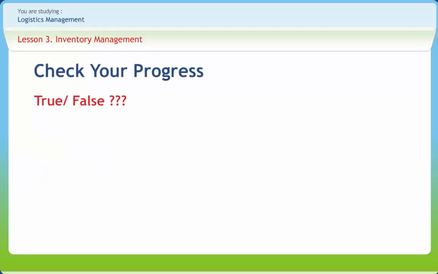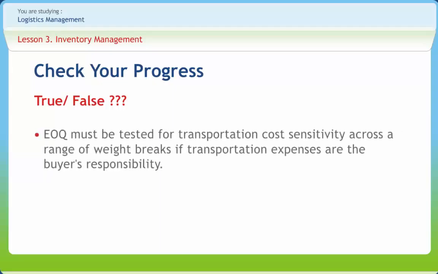Now let us see how much you have understood. State whether the following statements are true or false. EOQ must be tested for transportation cost sensitivity across a range of weight breaks if transportation expenses are the buyer's responsibility. True or false? True.